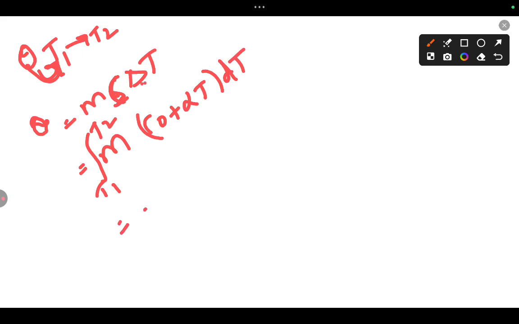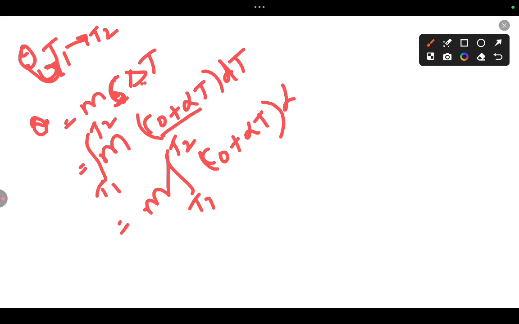Now take M common, integrating from T1 to T2, with C naught plus alpha T dT.